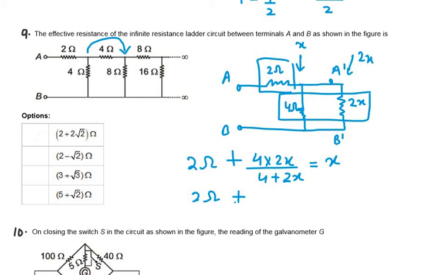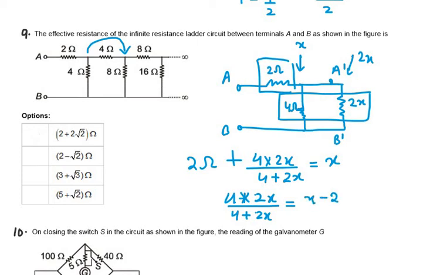So it will be 4 into 2x over 4 plus 2x equals x minus 2.